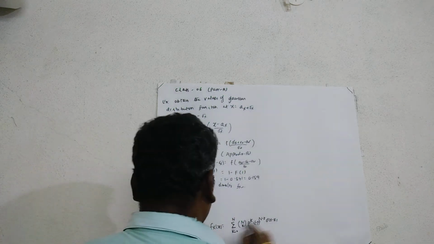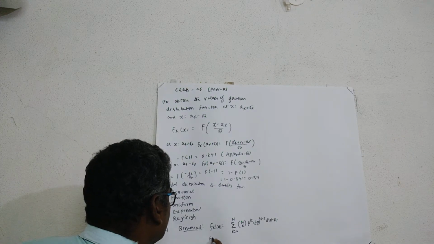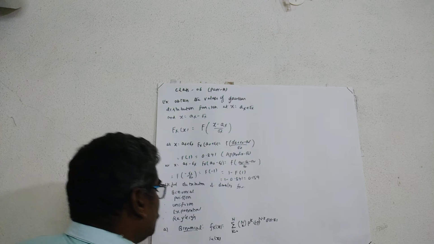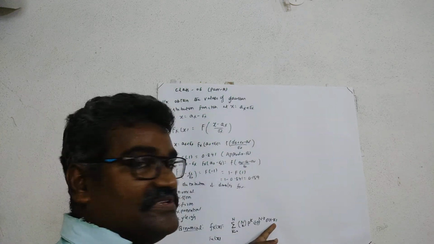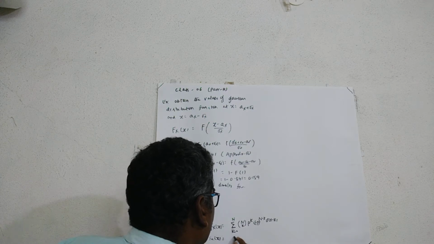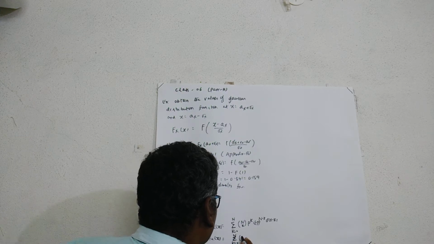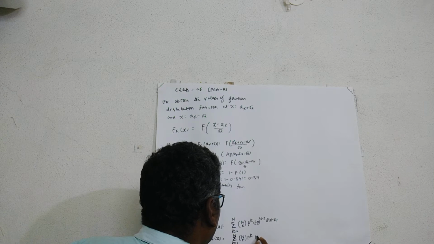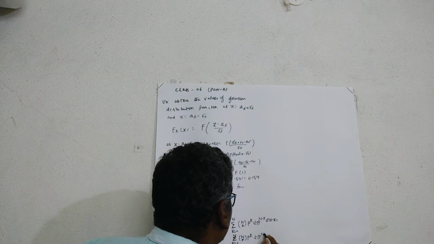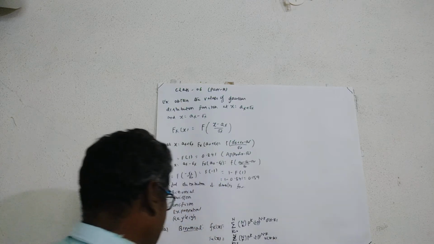What is the distribution function? The distribution function is given in the same form, except that delta is replaced by u. Fx of x is equal to the summation k equal to 0 to n of nCk p to the power k, (1 minus p) to the power n minus k, into u of (x minus k).